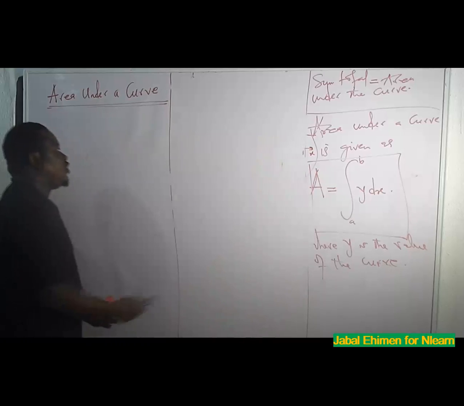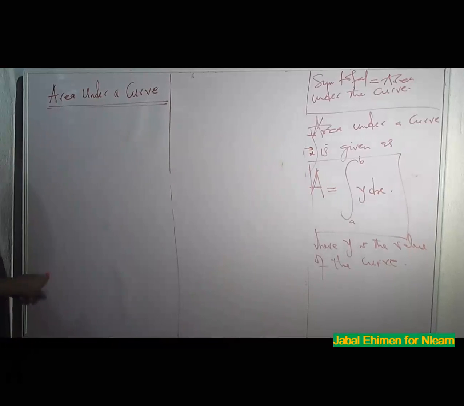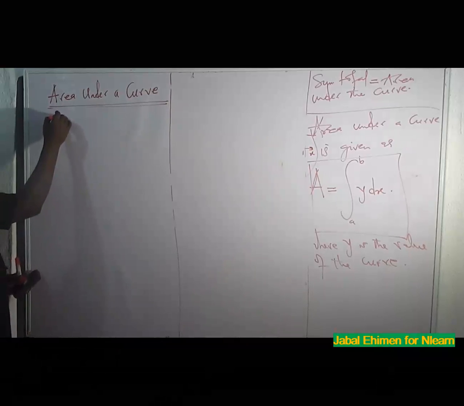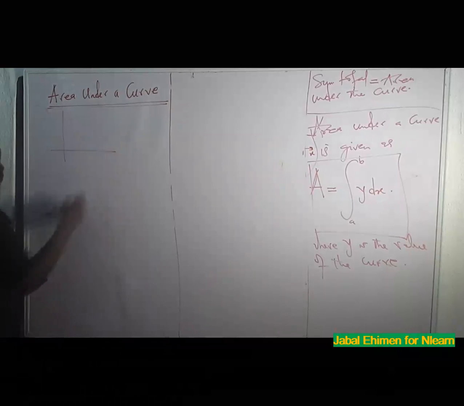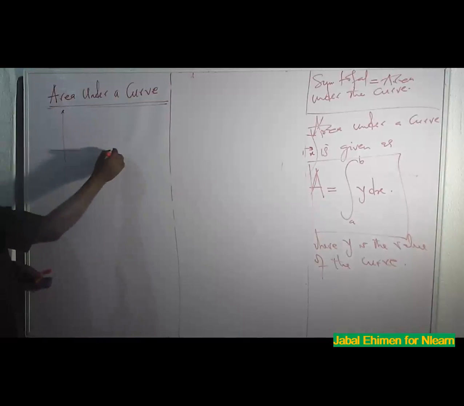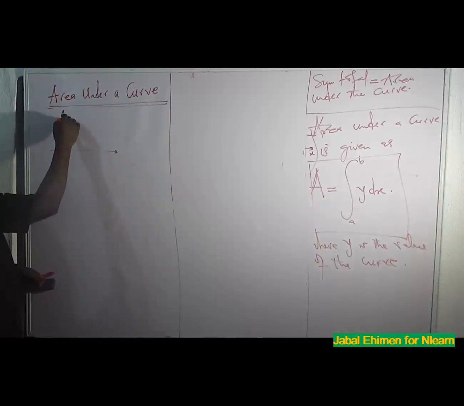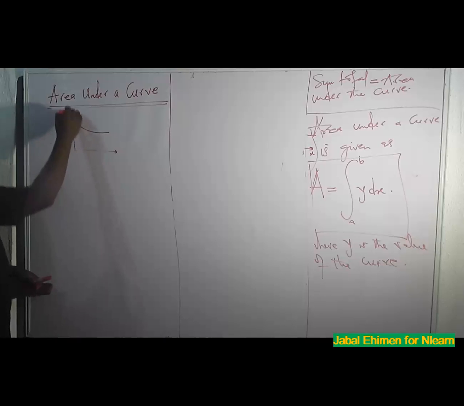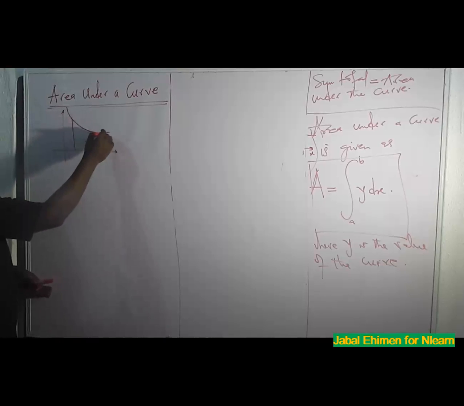Now take a look at this curve, for example. I have y and x, and a curve that moves like this, and I'm asked to find the area under the curve.